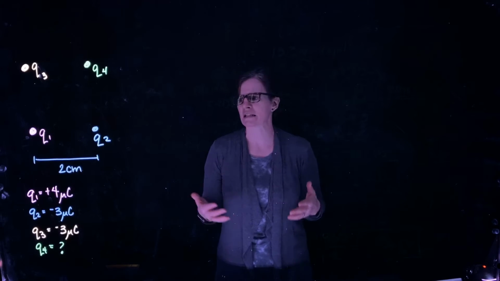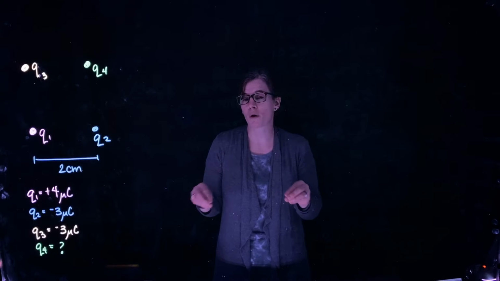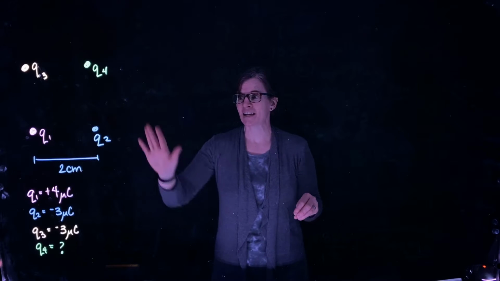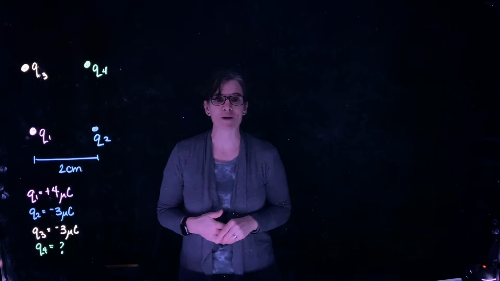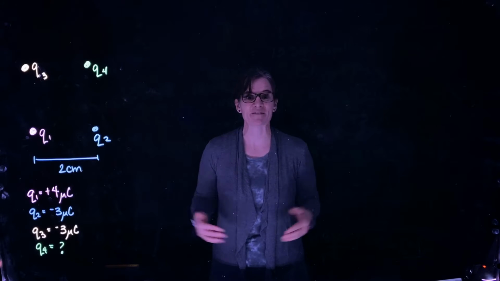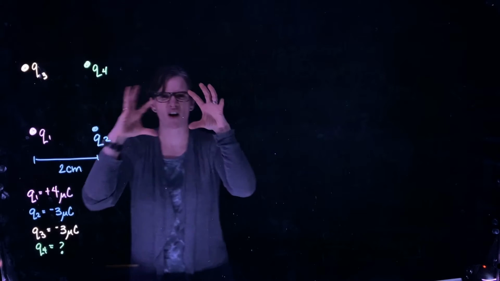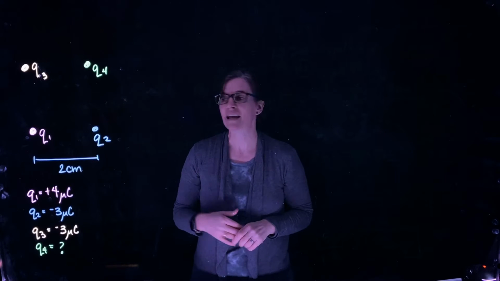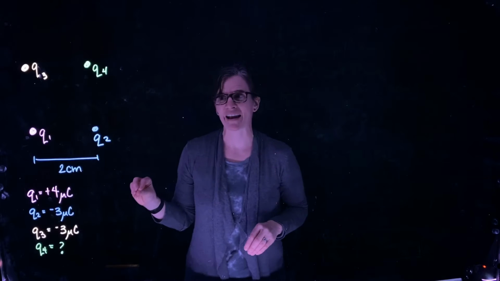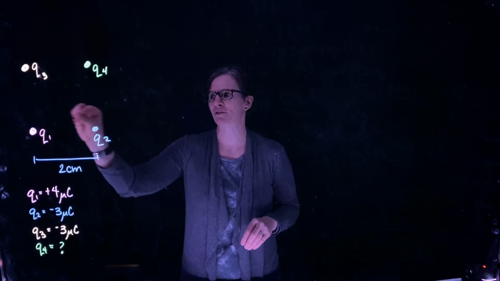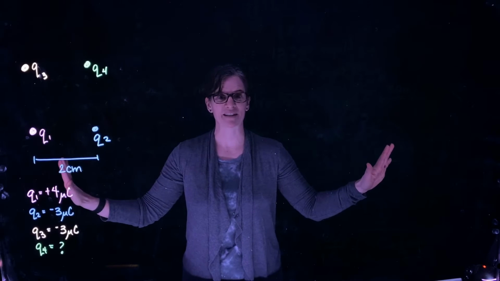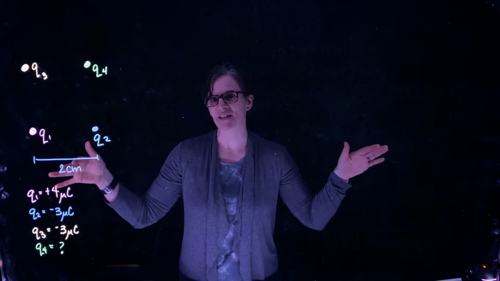So the question is, what does Q4 have to be in order for Q1 to remain stationary if it were allowed to move? So imagine Q2, 3, and 4 are all fixed to a board. I plop Q1 in there, and I want to know what should Q4 be so that if I plop Q1 in there, it doesn't move. So what does doesn't move mean?